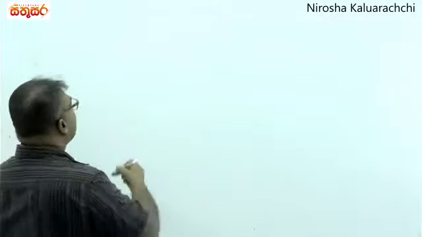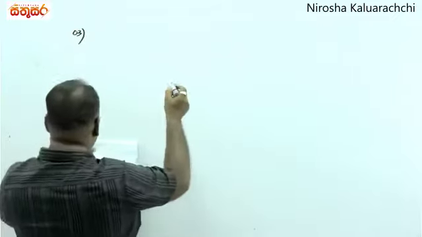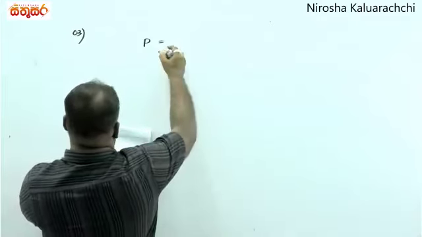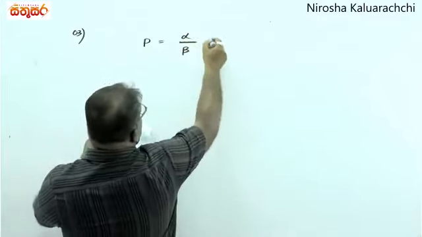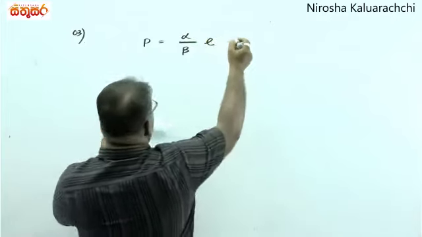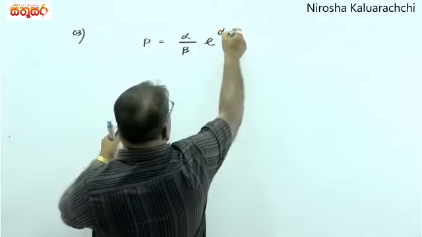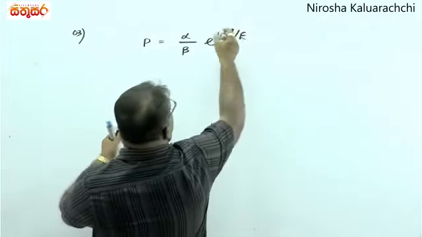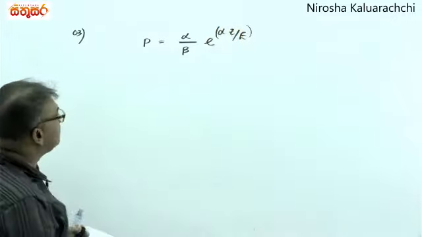In the third question you are given the relation P equals alpha over beta times e to the power of alpha Z over E. This is the relationship, right?